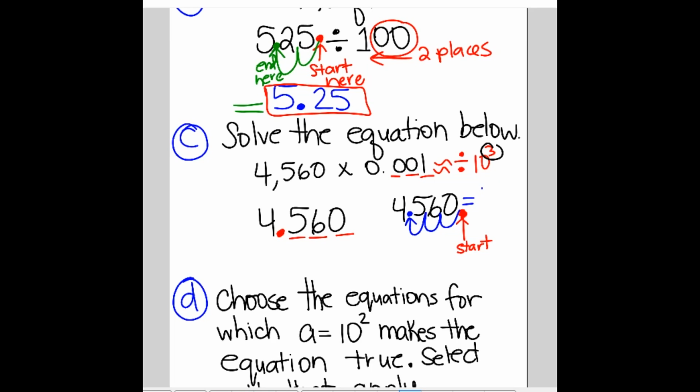So now my answer is 4.560. I've had questions before where someone will ask me, do I have to put that 0 at the end? If the 0 is in the number, it stays in the number. You do not have to take it out. Don't take it out. There's no reason to take out that 0. So our answer would be this.